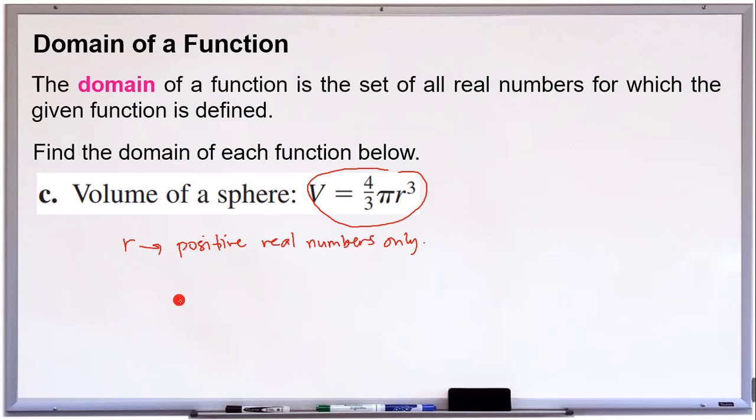We also cannot use a 0 value for our radius. It's because for an r equal to 0, we cannot create any space, or any volume, for a sphere.